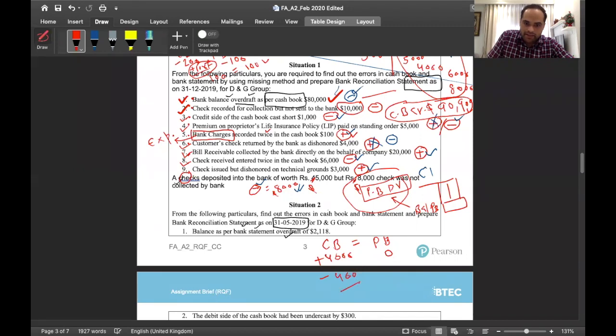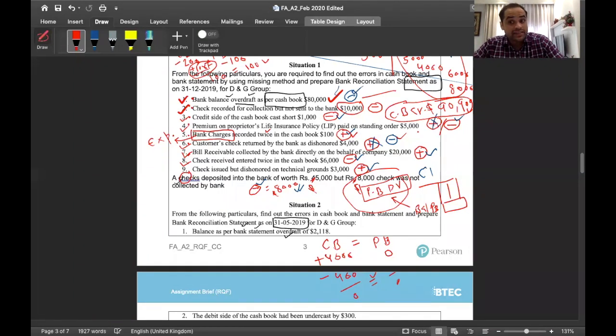Now the balance is 0, meaning no changes. Here 0, the balance is equal. So we did the same thing, minus. That is number 6. Is it clear? Yes, thanks. Okay, so that's all about your situation 1.